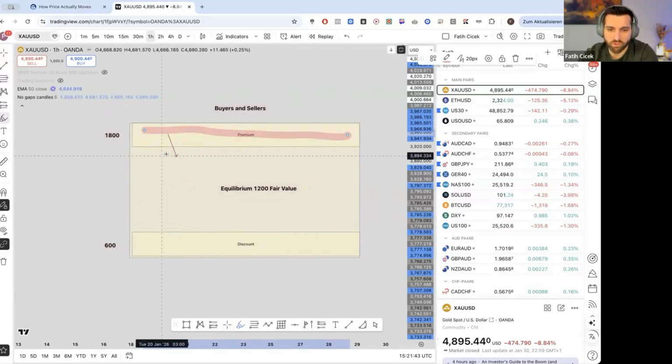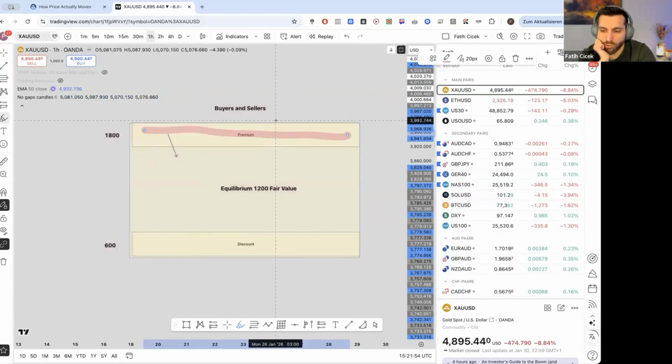If the first seller sold the iPhone for 1700, what are all these sellers going to do? Are they just going to wait for a buyer who wants to buy the same product for 1800? Exactly. They're going to drop the price.